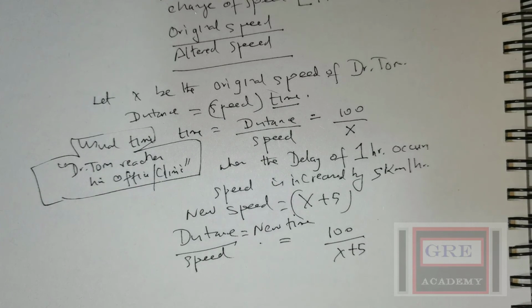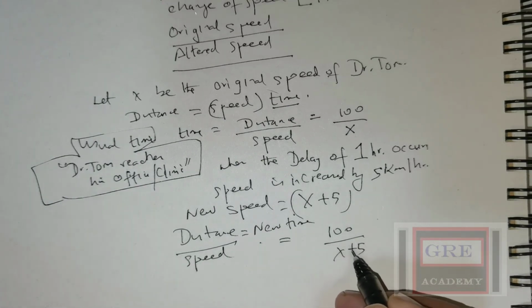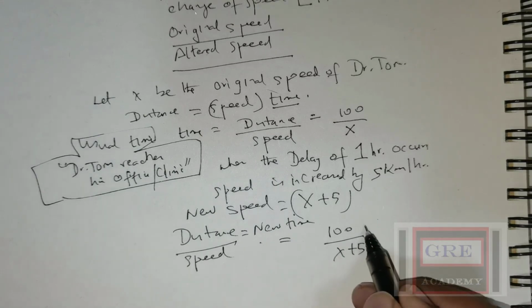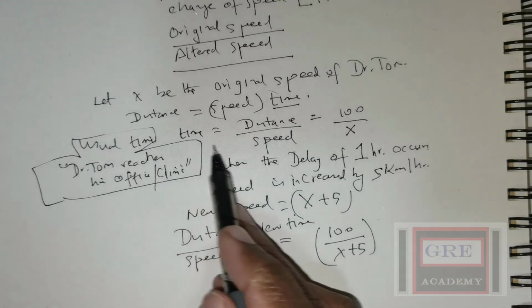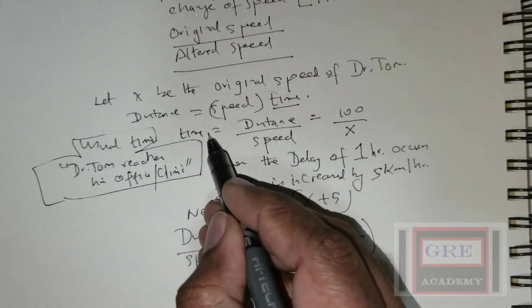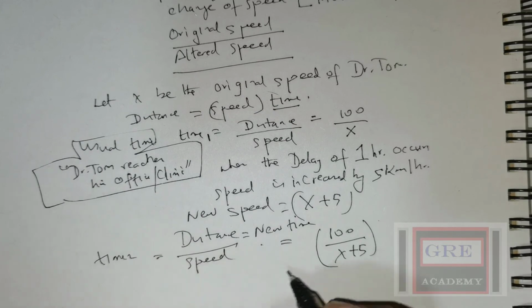But yet he is able to reach his destination on time. So the difference occurs only in the time. The original time is time 1, and this is going to be my time 2.